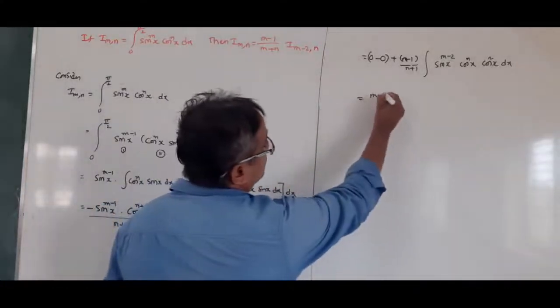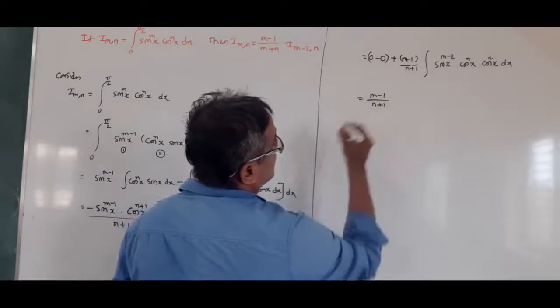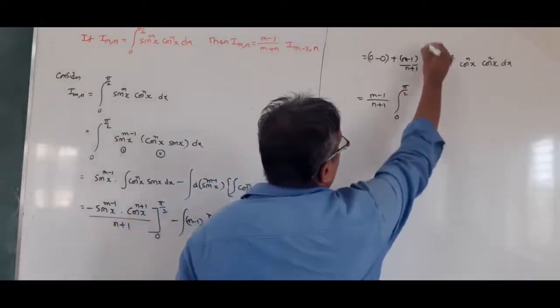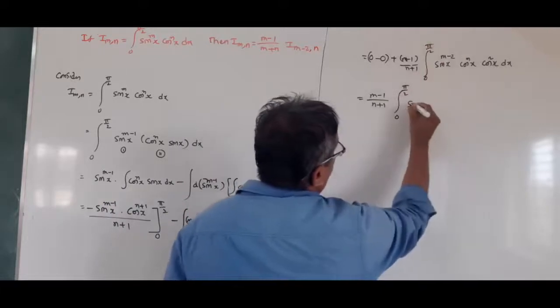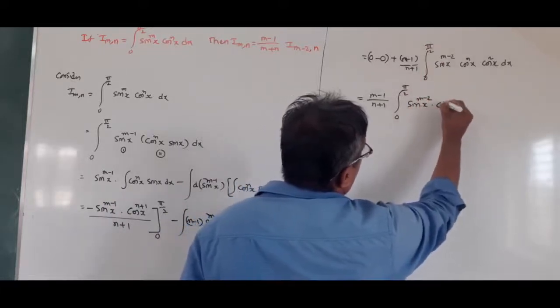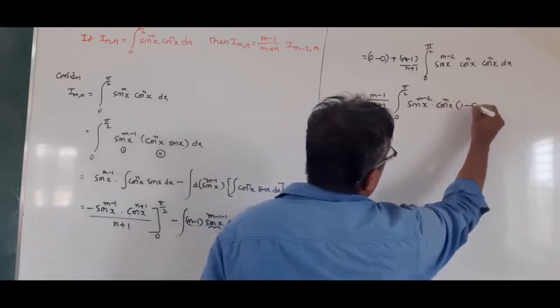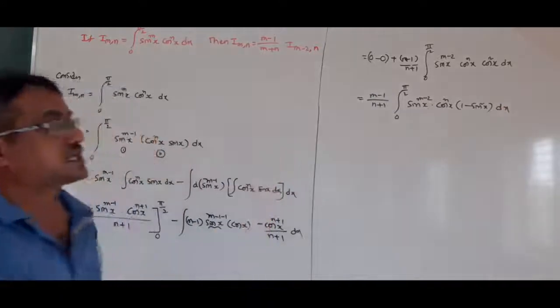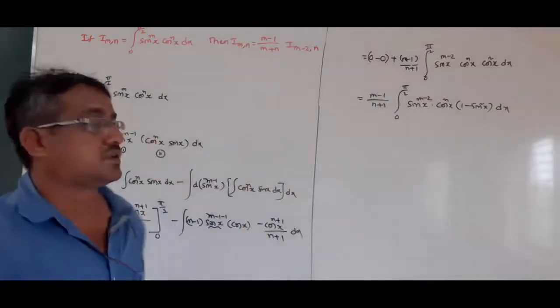Next, m minus 1 by n plus 1 integral 0 to pi by 2 sin power m minus 2 x into cos power n x into 1 minus sin square x dx. Now let us multiply those two.